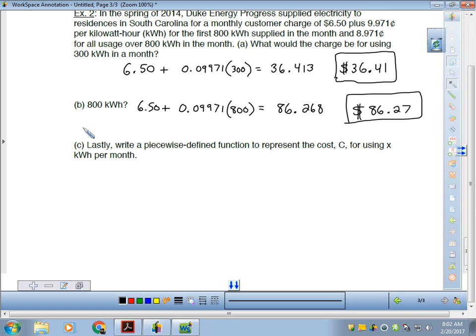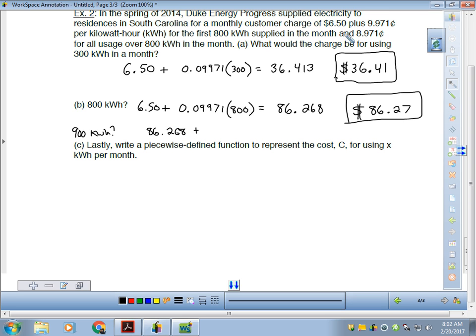Now, before we get to C, I want to do one more question. I want to do, what if we had 900 kilowatt hours? Okay. Well, we already know we get charged this much, the 86.268 for the first 800. So I already have that much. Okay.